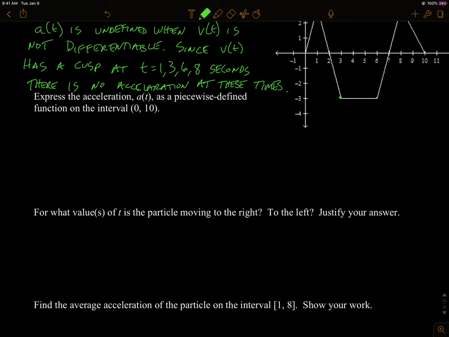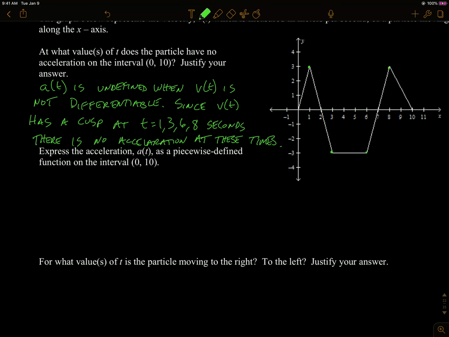Okay, express the acceleration a of t as a piecewise defined function on the interval 0 to 10. We can do this because these are all line segments, so we know that their rate of change is constant. I know the derivative is the same at every point along that curve because it's a straight line.